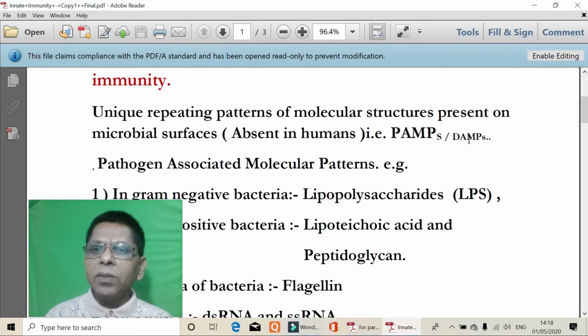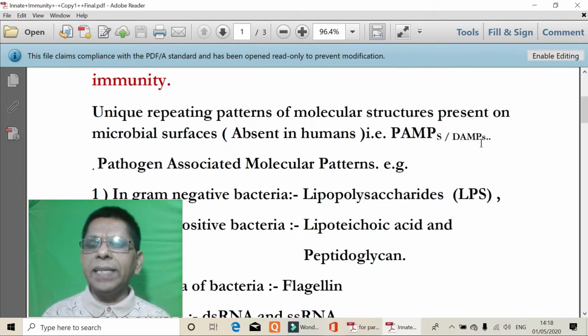So these cells, the cells having tumors or the cells which are damaged or injured, these are the host cells which release certain signaling molecules, and those signaling molecules are called damage associated molecular patterns.